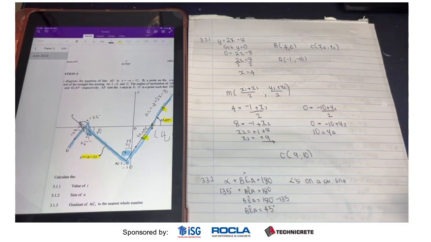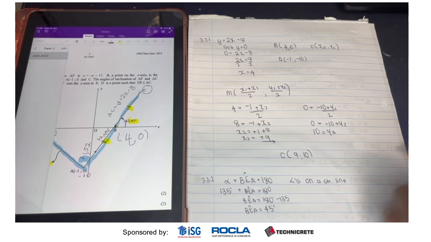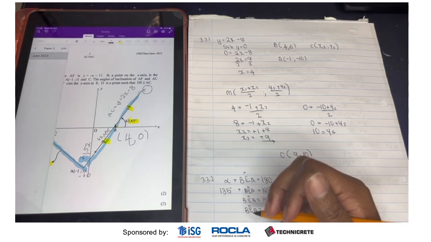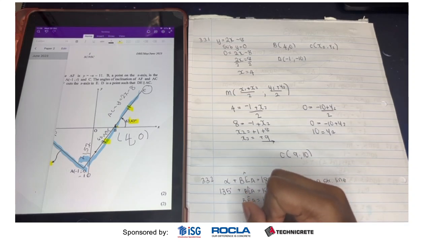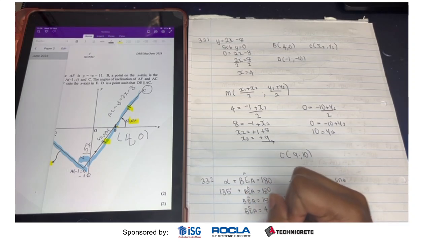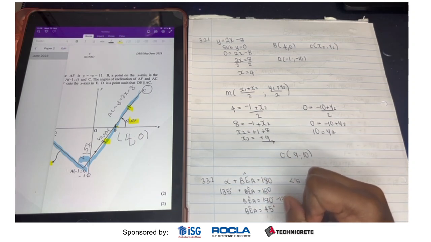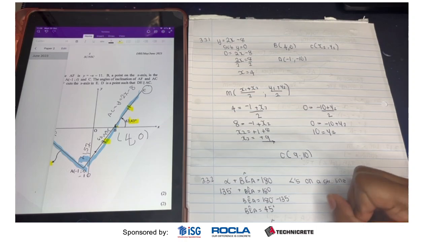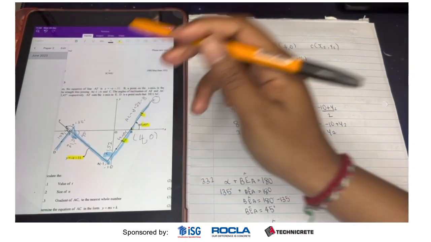Okay, that's step one. Next, we saw this angle was vertically opposite. So 63.43 is equal to OBA, vertically opposite. Now we've got a triangle. You can see the triangle.